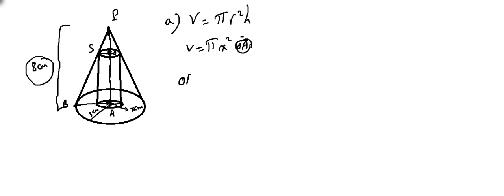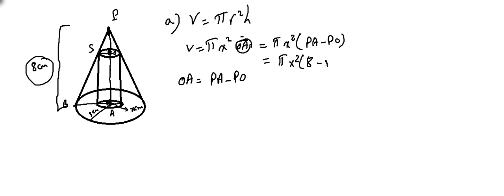OA is equal to PA minus PO. So the volume will be pi x squared multiplied by OA, which is PA minus PO. PA is the height of the cone, given as 8 centimeters, so it's pi x squared times (8 minus PO).